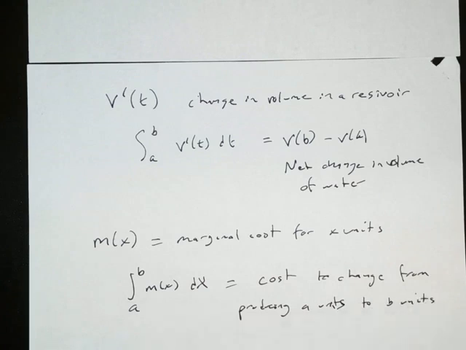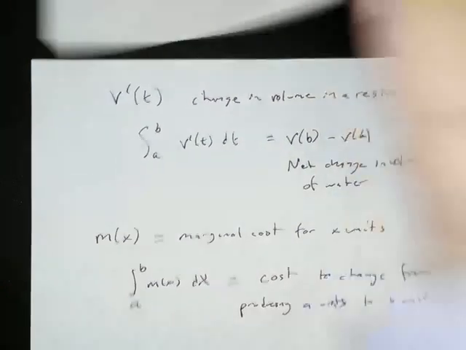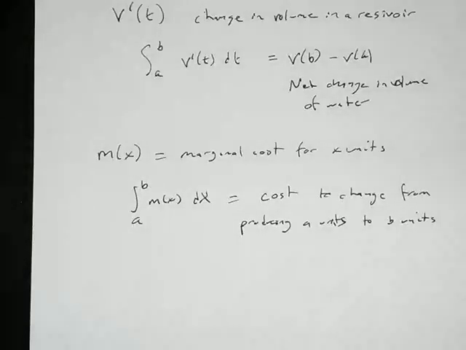You want to increase how many units you're making, how many a year? You want to go from A to B. You integrate to get the total change in cost.